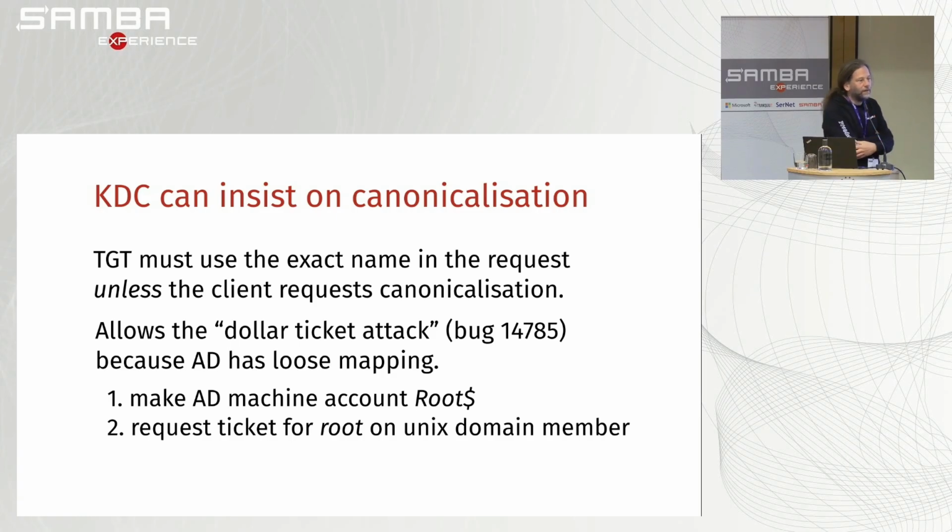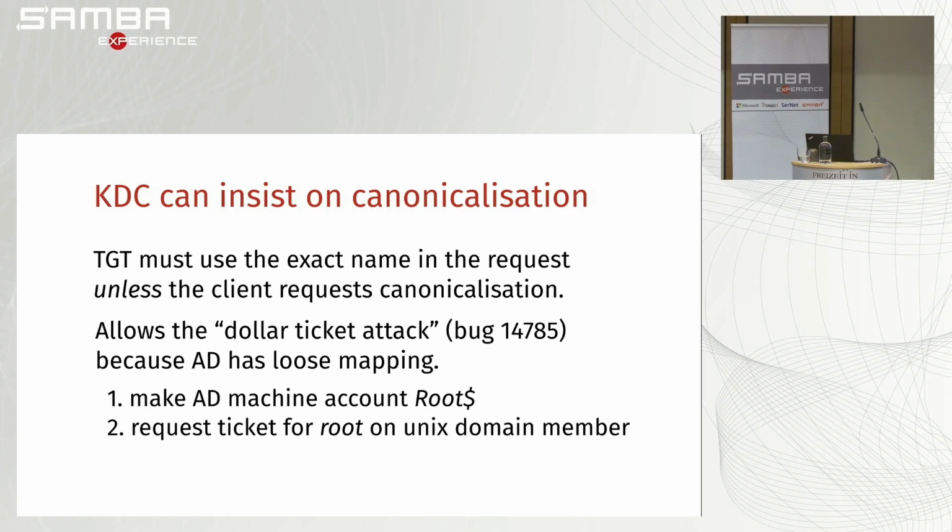So you can technically change it in the process. And Active Directory specifications actually state that the clients must always ask for canonicalization because of this. But if the KDC returns canonicalized name and the client did not, I don't think it's working.